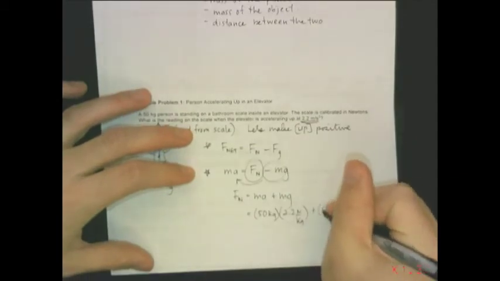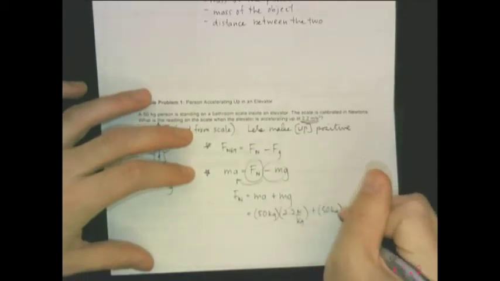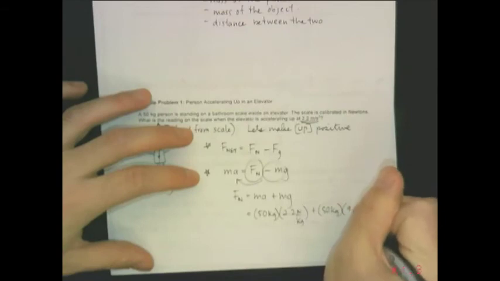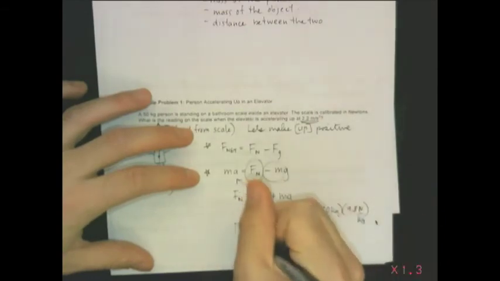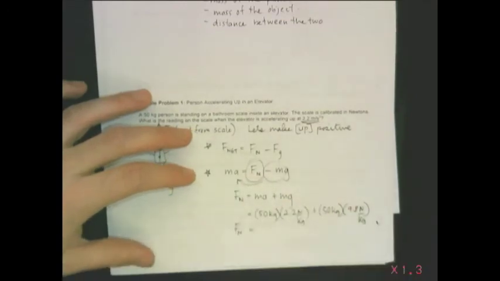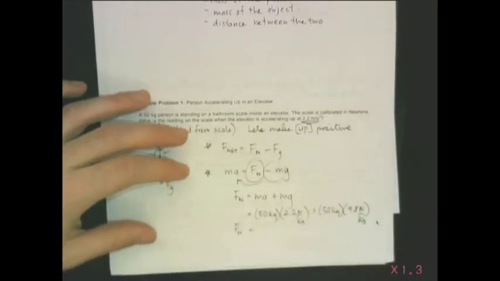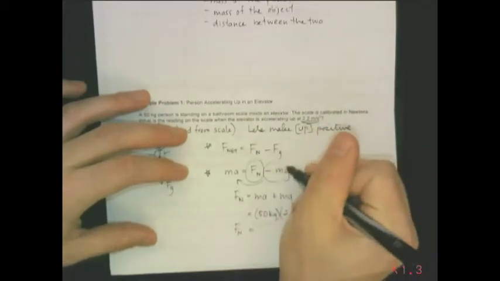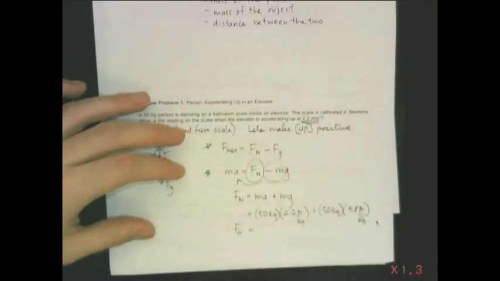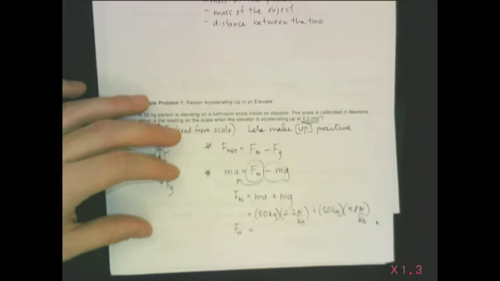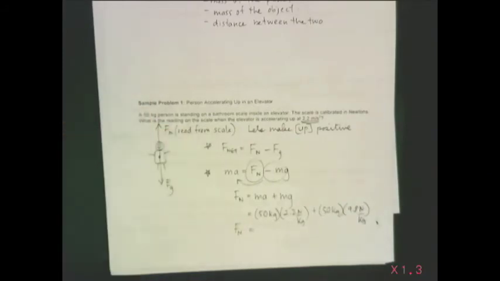Plus 50 kilograms times 9.8 newtons per kilogram. When you bring this negative over the equal sign, it becomes positive. Punch this into your calculator and tell me what you get.